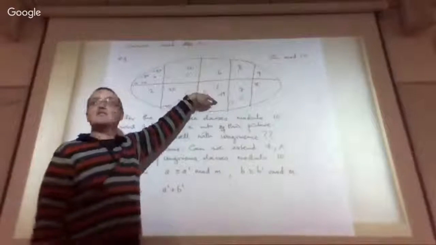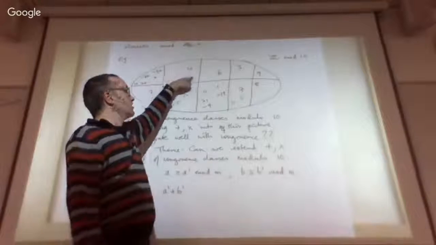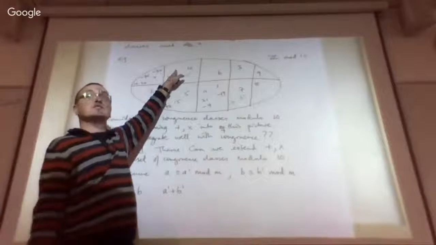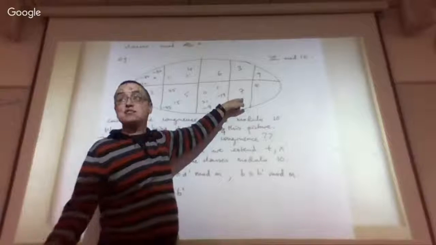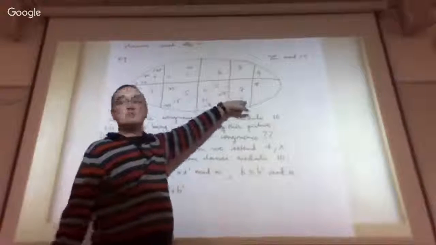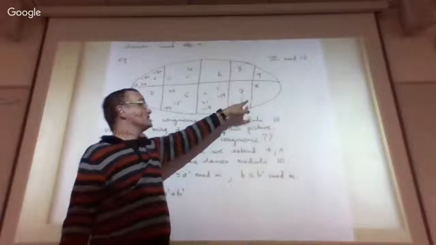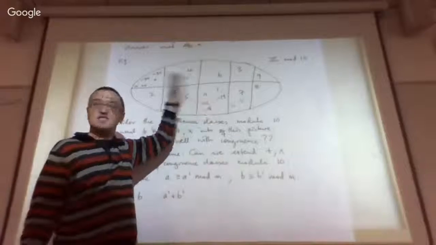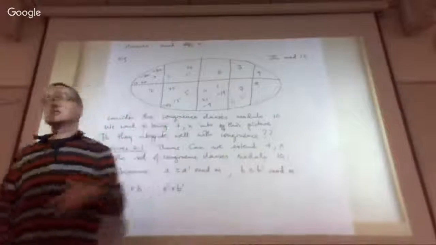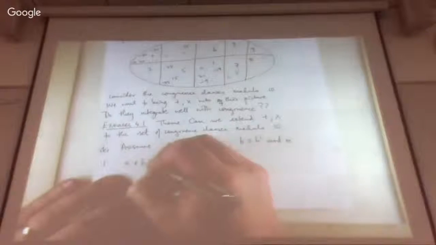So that means you always end up in here. That's what it's saying. If you take something congruent to 4, say 74, and something congruent to 7, say minus 3, you get 71, which is indeed congruent to 1. So it works out. If you throw a load of examples at it, it works out. But we want to prove it in general.